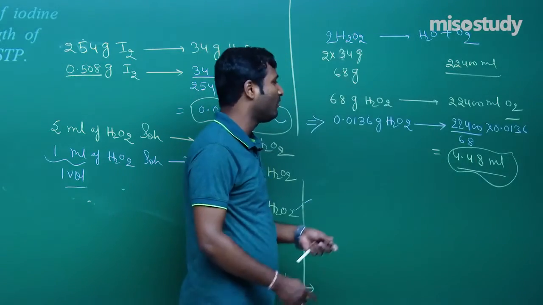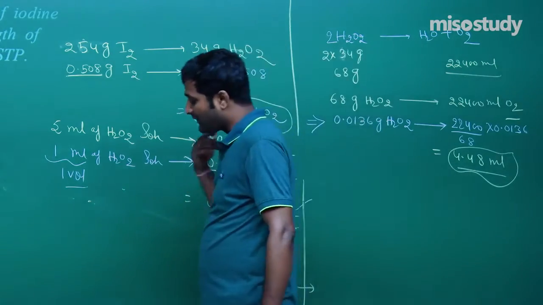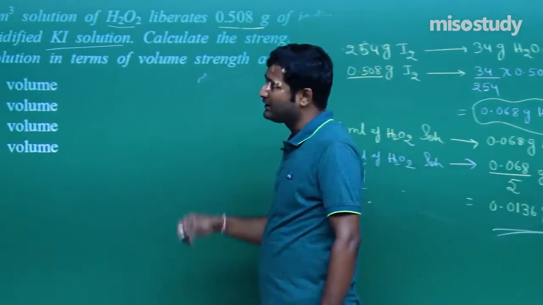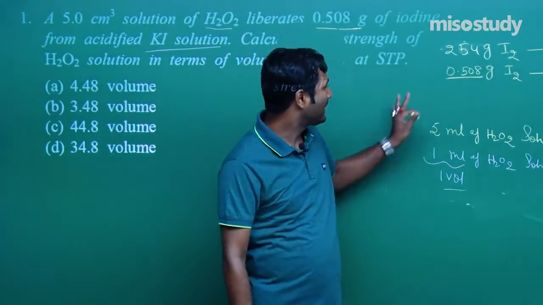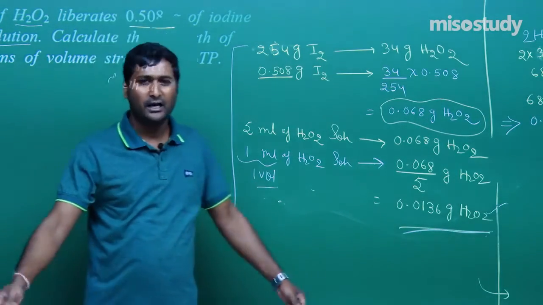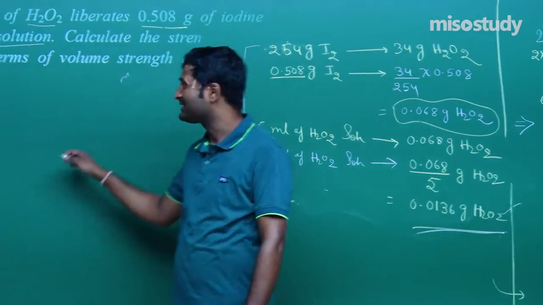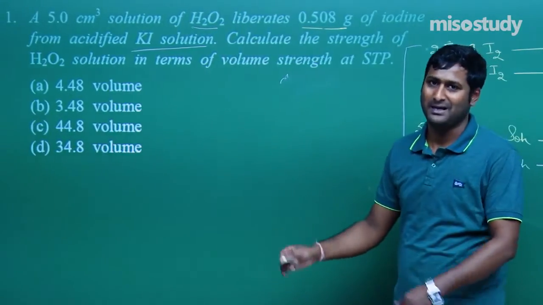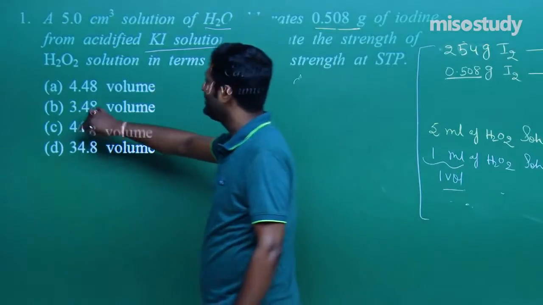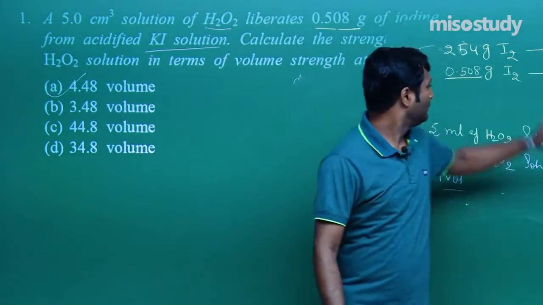And this is the volume strength. What is the volume strength? 4.48. Now, I am moving here. Check it out. This is one of the best questions. Proceed one by one, write down each and every equation. You will definitely get the answer. This is calculative type. That's why this is a part of JEE Advanced, not JEE Mains and NEET. So the option is 4.48 volume.